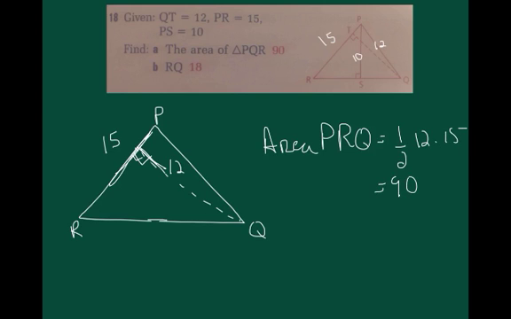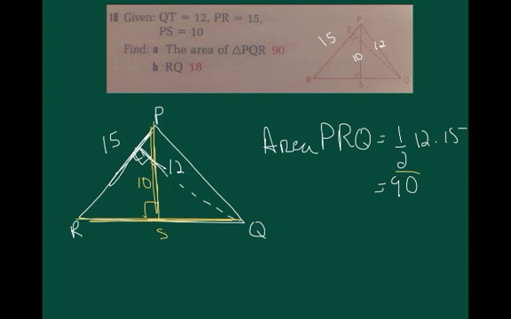But in part B, they ask us for something else. They want side RQ, and they give us another altitude, PS, which they tell us is 10. So now I'm going to use RQ as my base, and PS is going to be my altitude.